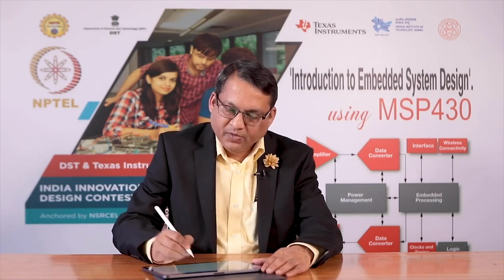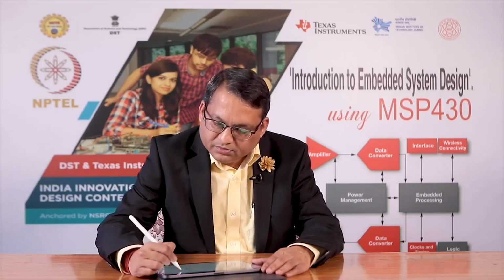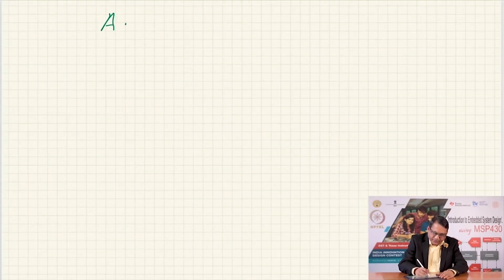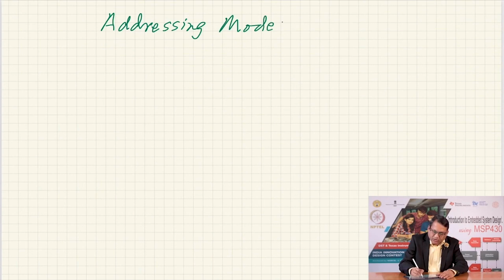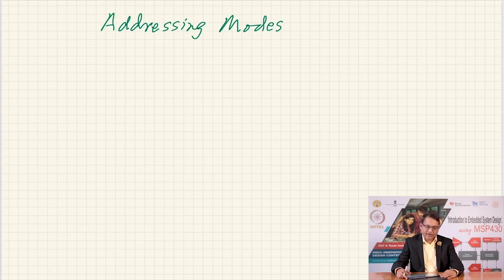Now another concept that is built into these instructions is called addressing modes. We are going to talk in more detail about addressing modes, but let me use this opportunity to give you a brief idea because it is required to explain the concept of instruction set architecture.